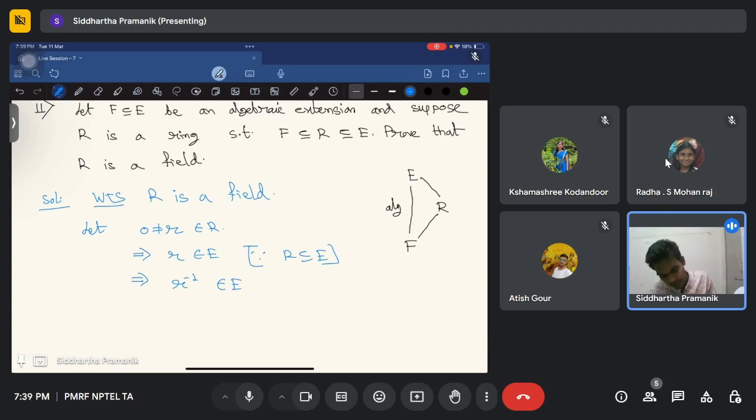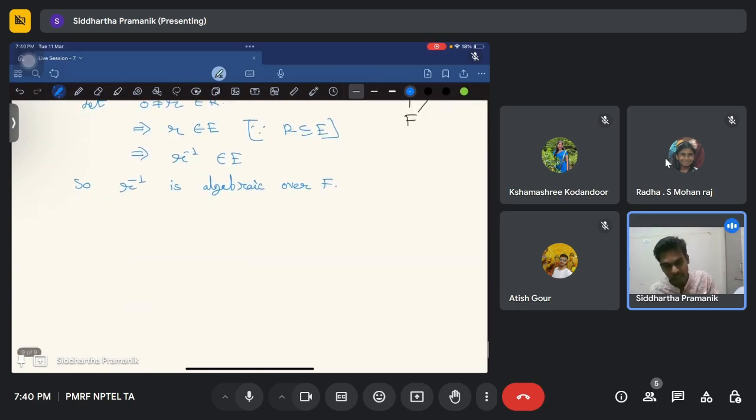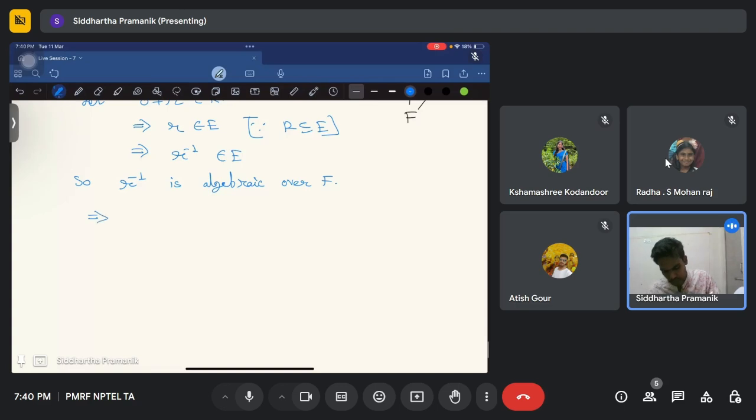But E is an algebraic extension of F. So r inverse must be algebraic over F. So r inverse must satisfy some non-zero polynomial over F. So we can take a monic polynomial in that case.